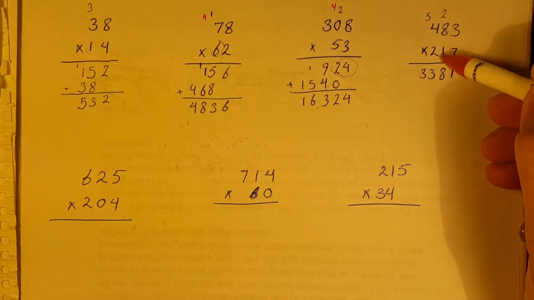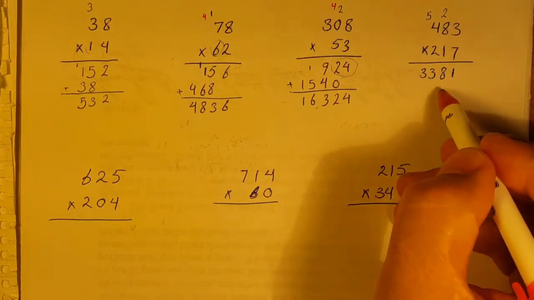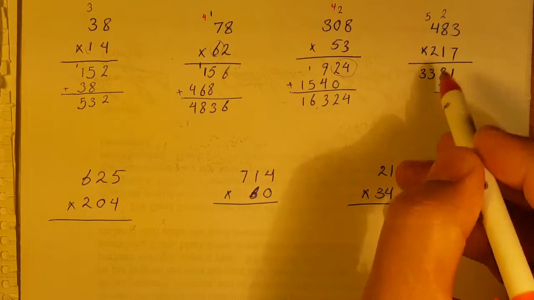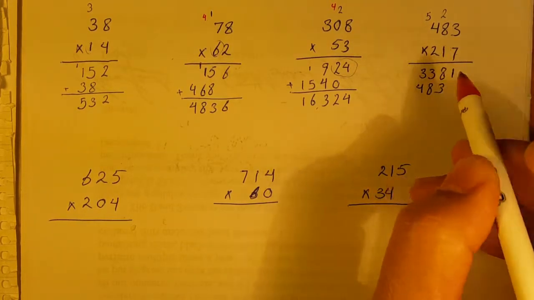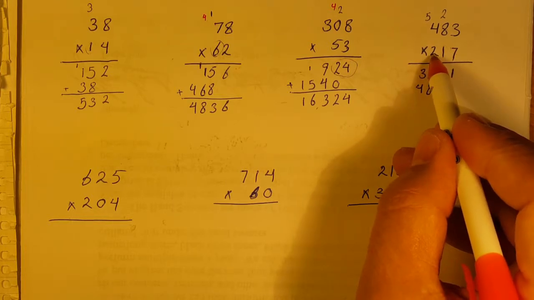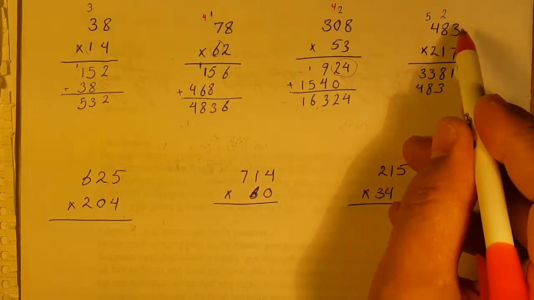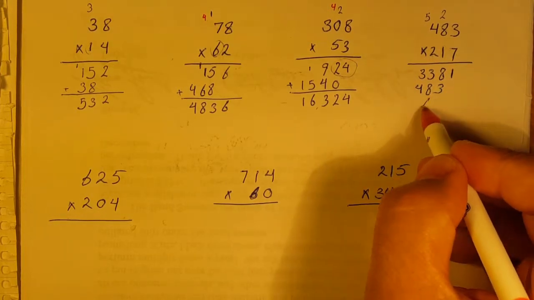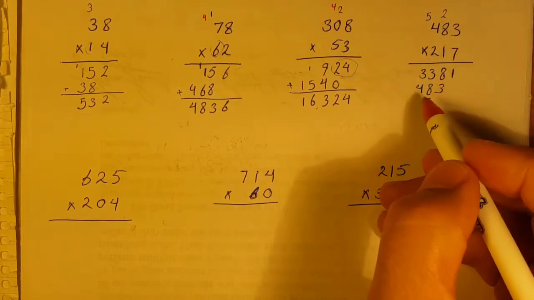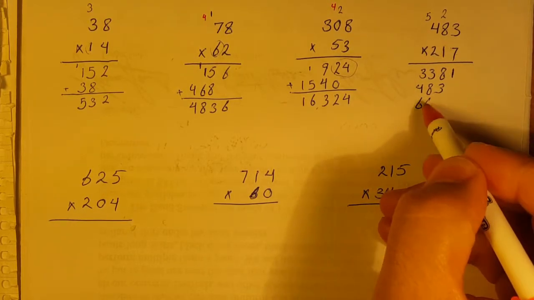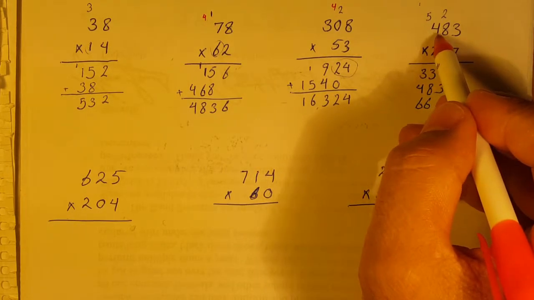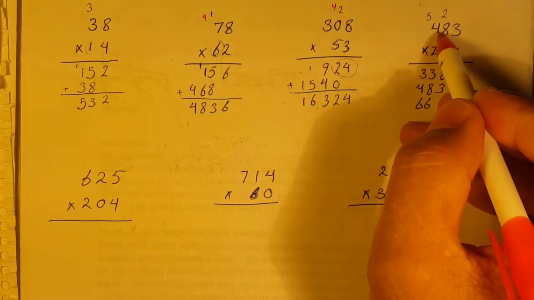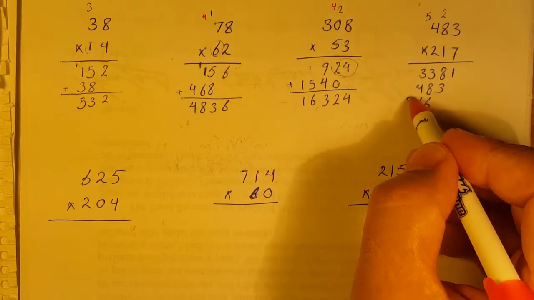Now this number, 1 times 3 is 3. 1 times 8 is 8. 1 times 4 is 4. Now number 2, 2 times 3 is 6. 2 times 8, 16. 1 goes up. 2 times 4 is 8, and 1 is 9.